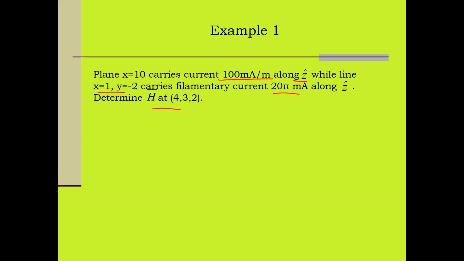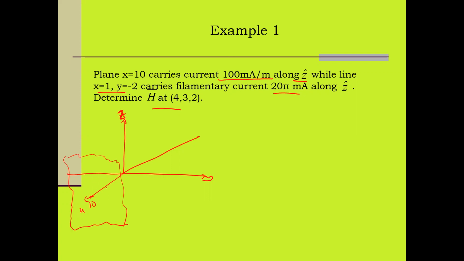So let us sketch the given current distributions. So let us sketch the problem. This is Z supposedly, and we have the X and Y axes. The x equals 10 plane should be located somewhere here, and your plane should look like this.